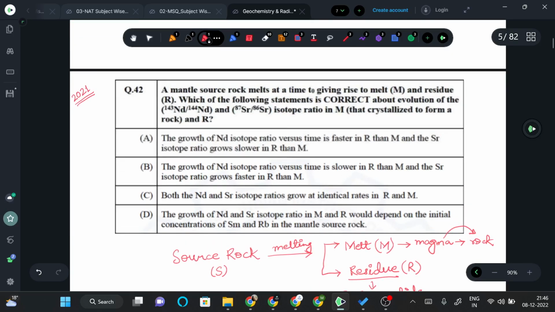Let's go through the question once again, what it is asking. A mantle source rock melts at a time T naught, giving rise to melt and residue.